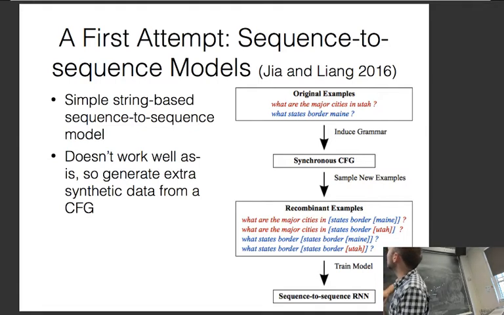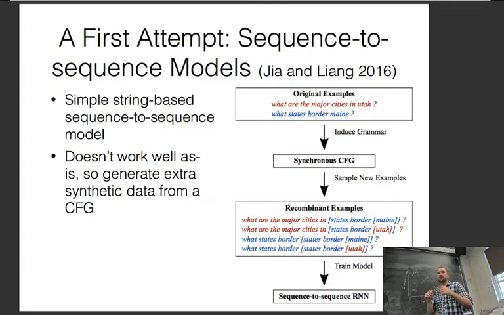So an example is: if they get "what are the major cities in Utah" and "what states border Maine", they extract rules that basically map these into the logical forms or the code.